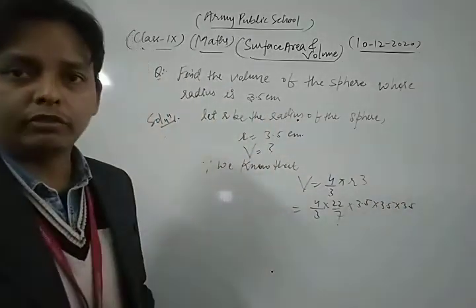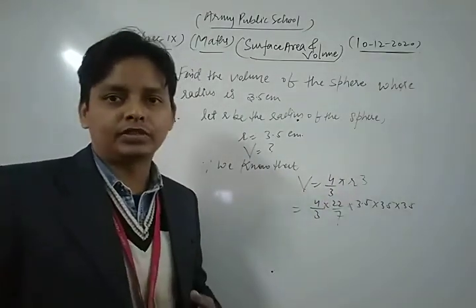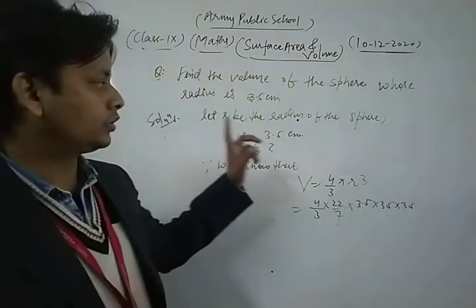We put the values of pi as well as r, the radius of the sphere, which is 3.5.